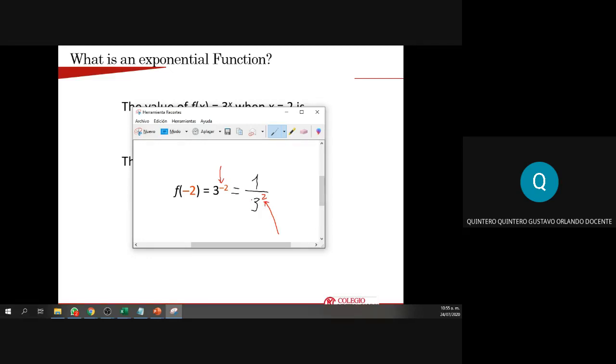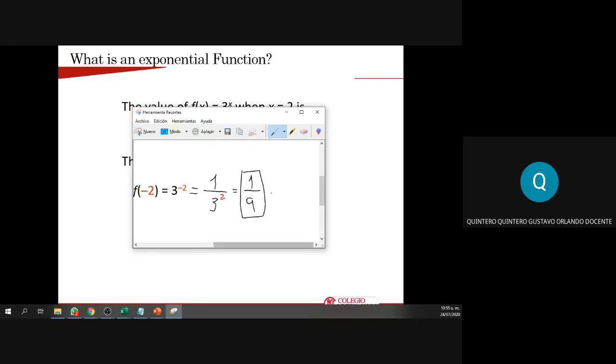That is one of the properties of exponents. Do you guys remember this or not? Well, hopefully you do. Now, how much is this? Well, this is 1 over 3 to the 2, and we know 3 to the 2 is 9. So this is exactly 1 over 9.